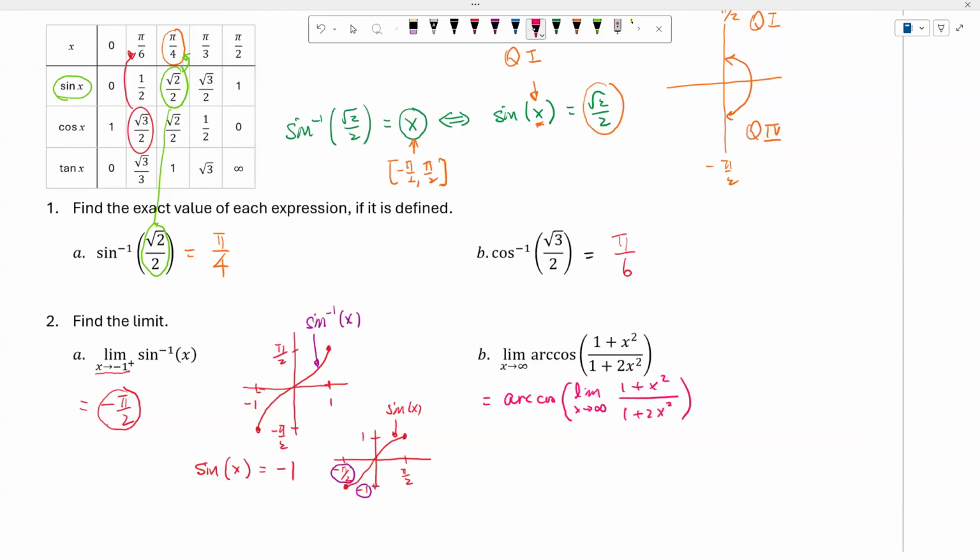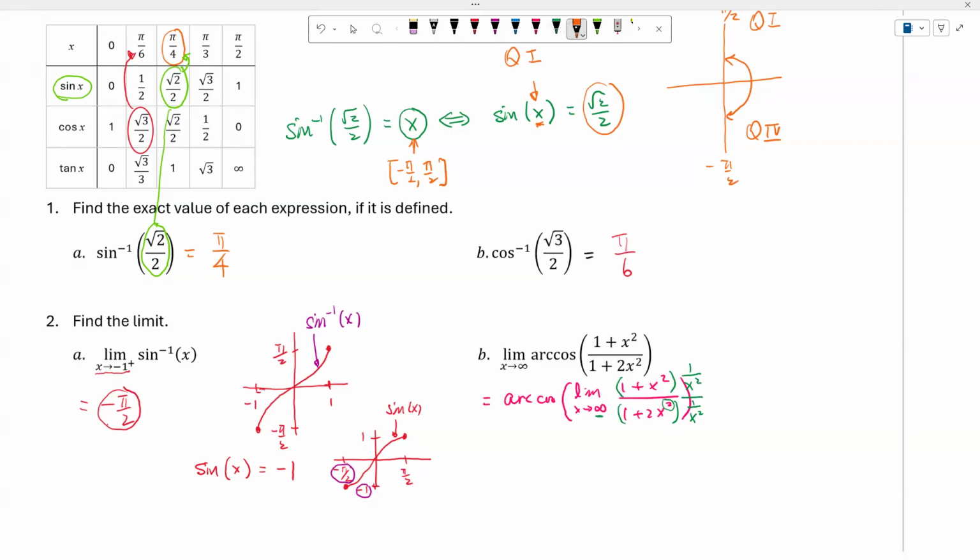To this one, remember, as x goes to infinity, if we have a rational function, how do we take care of this? We look at the highest degree of the denominator, so I will multiply top and bottom by 1 over x squared.